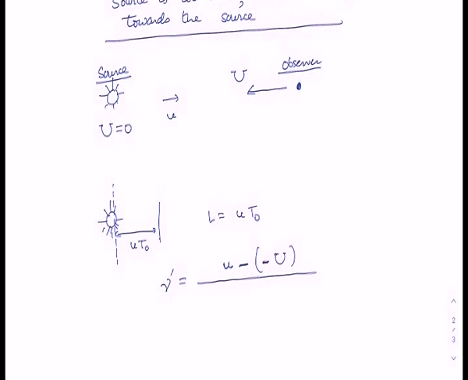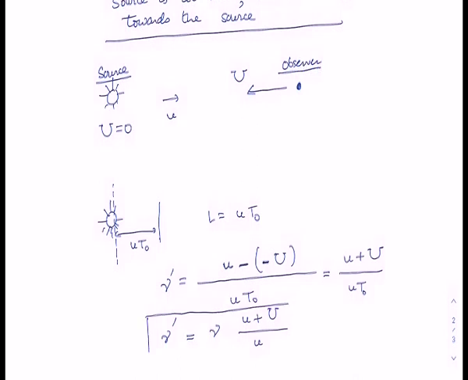And then the wavelength is ut0, so immediately you get this formula, u plus capital U divided by ut0, which I can write in a more simplified form as nu into u plus capital U divided by u.